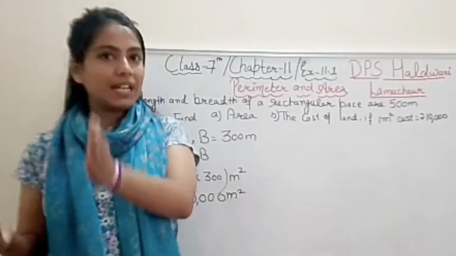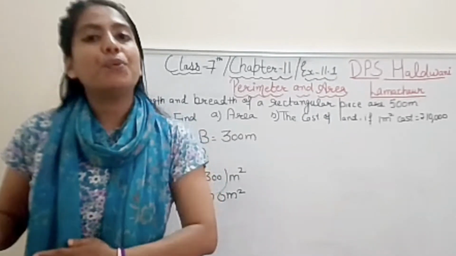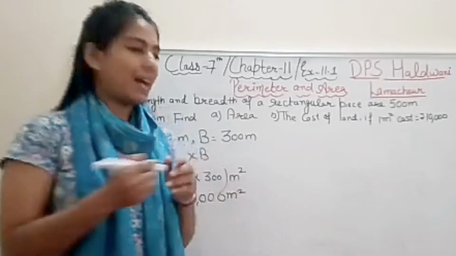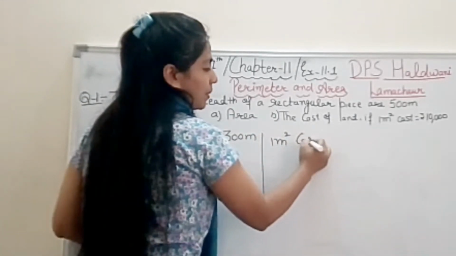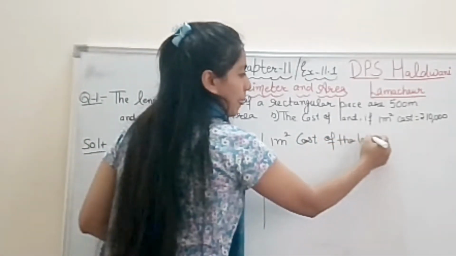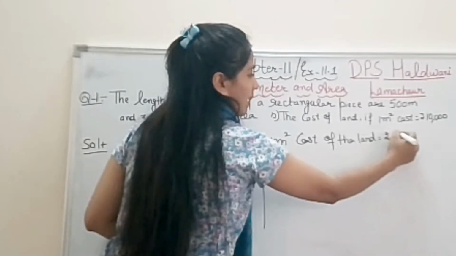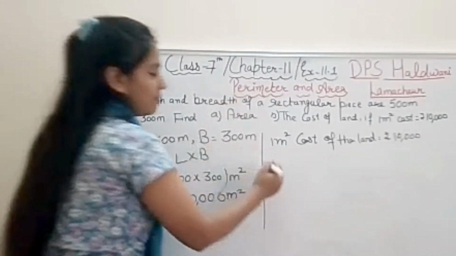Very simple, in junior classes we have done: if the cost of one thing is given, to find the cost of more you multiply. So the cost of 1 meter square of land is 10,000, and we need to find it for 1,50,000.